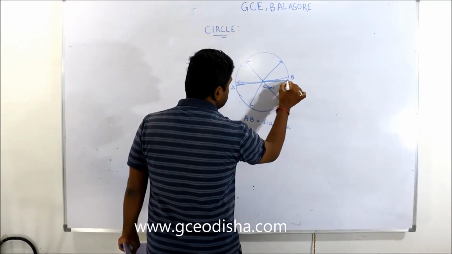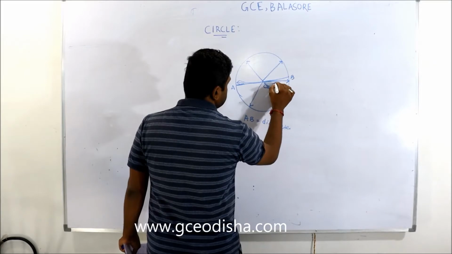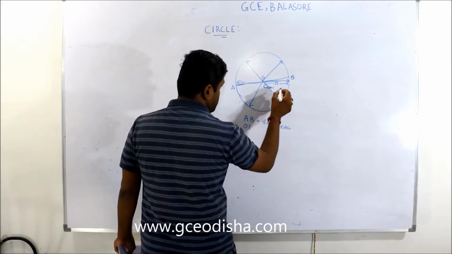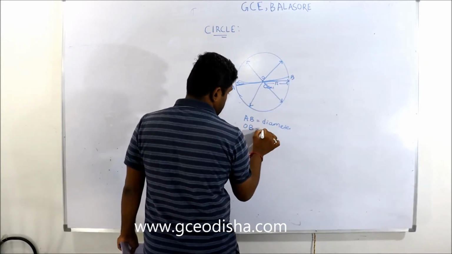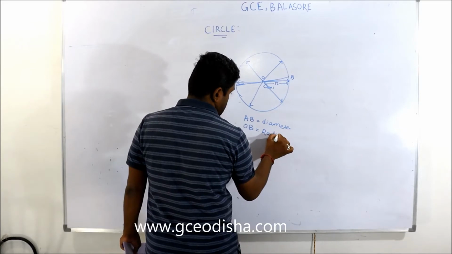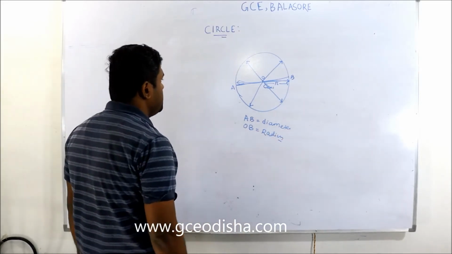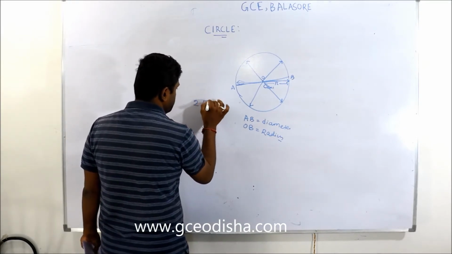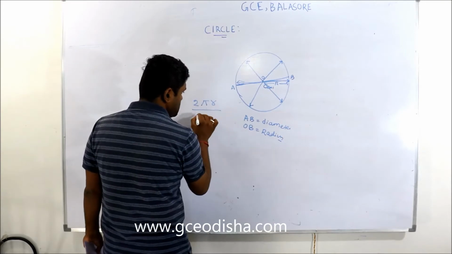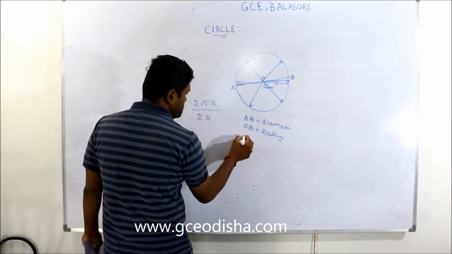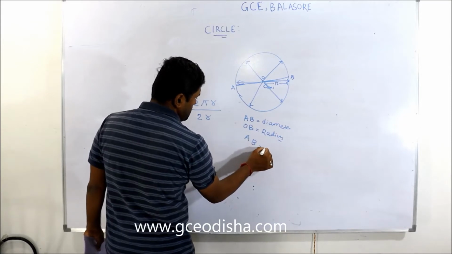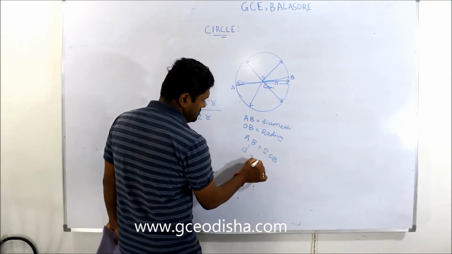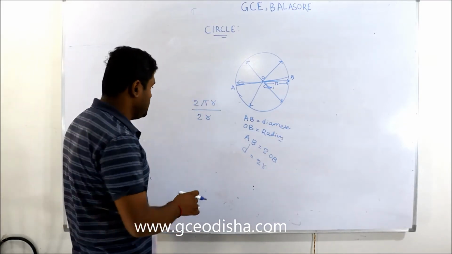From the center to the periphery, this is called the radius, like the point O to B. This is equal to the radius, right? The circumference, the perimeter, is 2 pi r and the diameter is 2r, because AB is equal to twice OB. So D is equal to 2r, right?